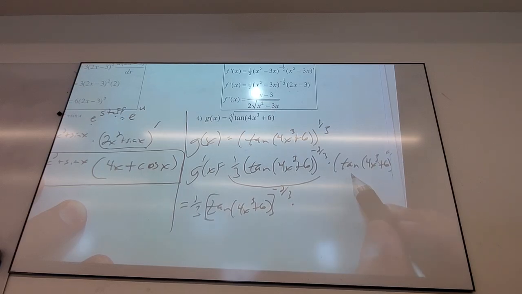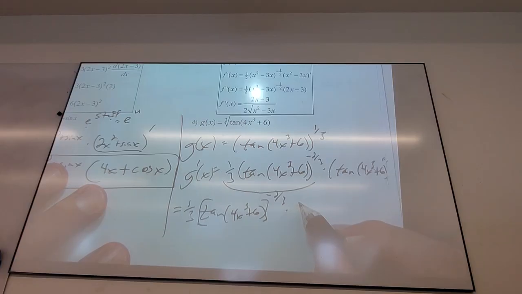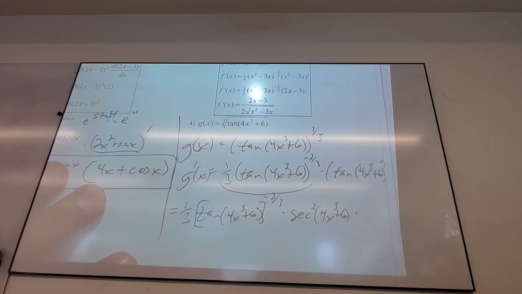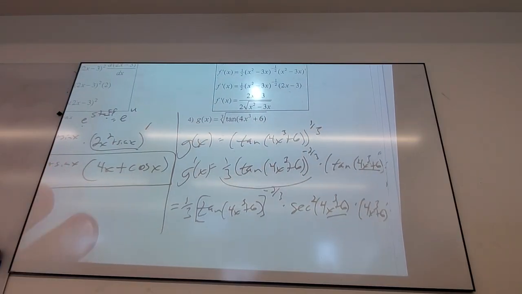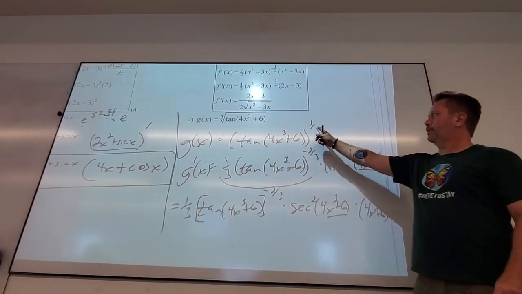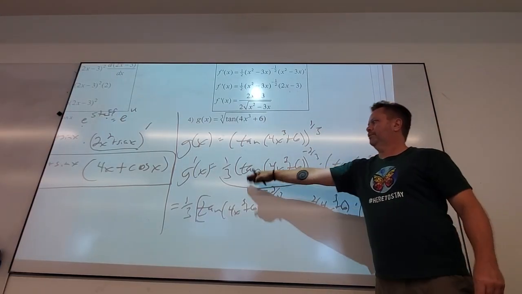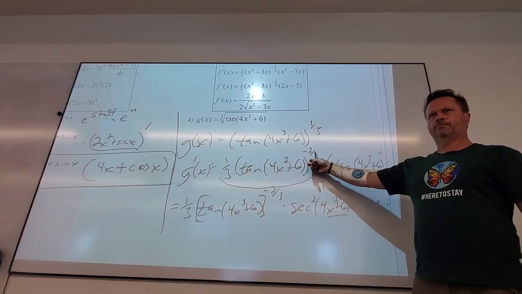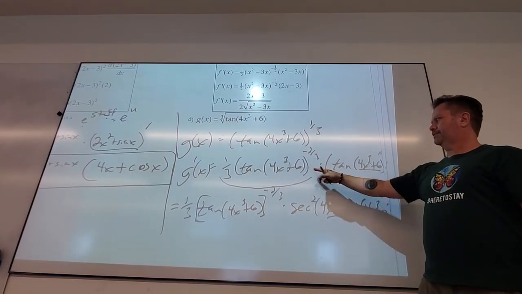What's the derivative of tangent? Secant squared of stuff times the derivative of stuff. So when you get to this point, the 1/3 power is the outside: 1/3 stuff to the negative 2/3, times the derivative of the inside.